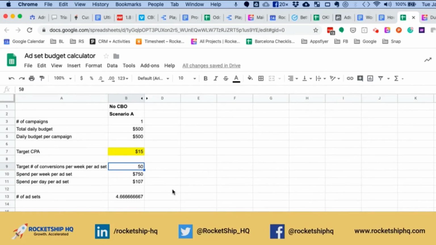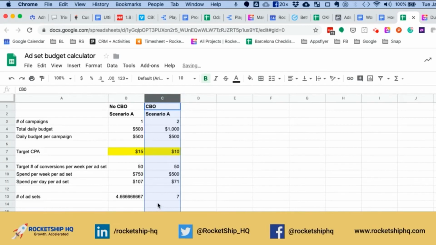Now, how does this all change in a CBO context when you don't have ad set level budgets and you just have a campaign level budget, right? So here's an example of how this would work in a CBO, where there are 2 campaigns. You have a total daily budget of 1,000. You're allocating 500 per day. It's not the same thing, really.